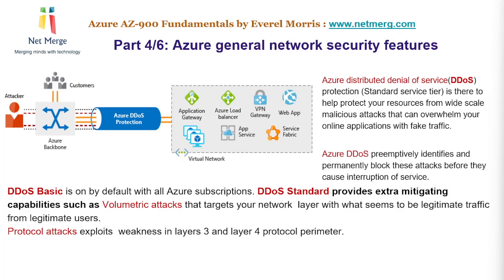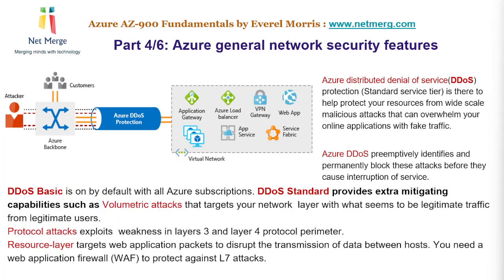Now, the protocol attack exploits weaknesses in layer 3 and layer 4 protocol parameters. So you want to understand what layers the DDoS actually provides support for in Azure. Now, that's the protocol attack exploit. If you look at the resource layer, it targets web application packets to disrupt transmission of data between hosts. You want to be able to understand what that is as well. You need a web application firewall to protect against layer 7 attacks.